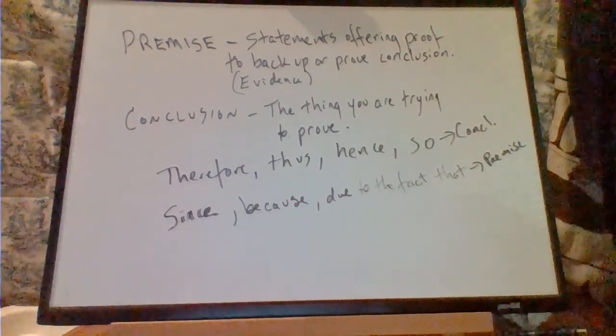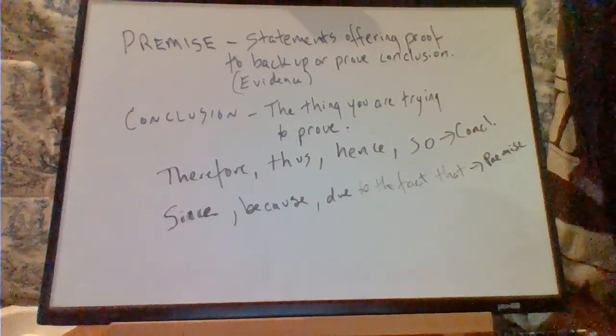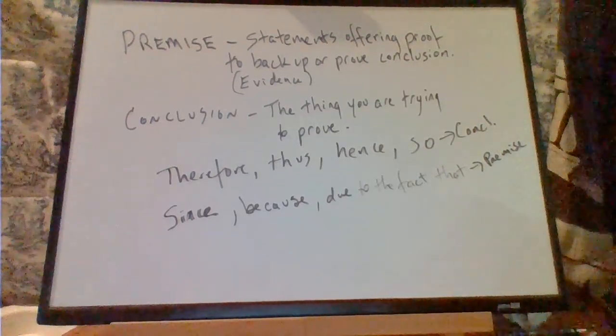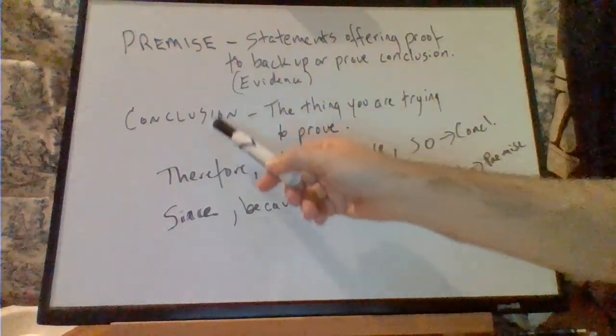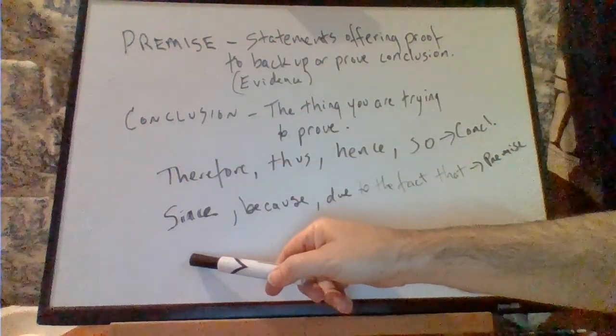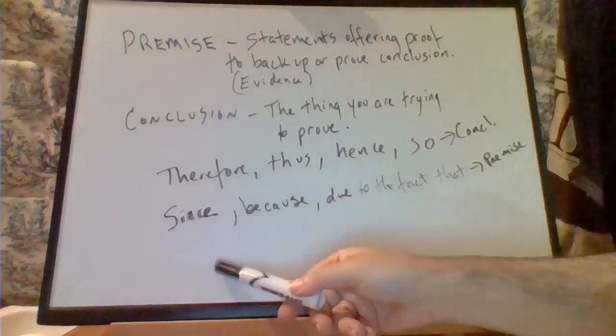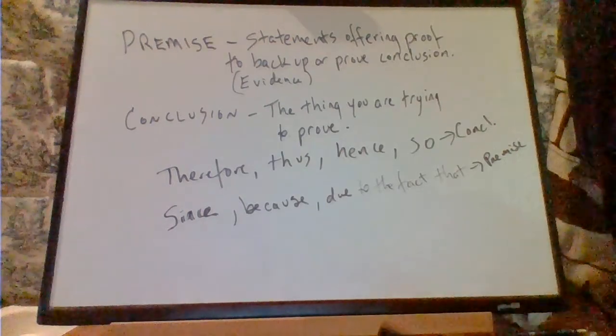And the reason for that is because in English we tend to argue in one of two ways. We either start off by listing all of our evidence and then put the conclusion at the end. But if we do that, we usually say, okay, here's my evidence, therefore here's the conclusion.